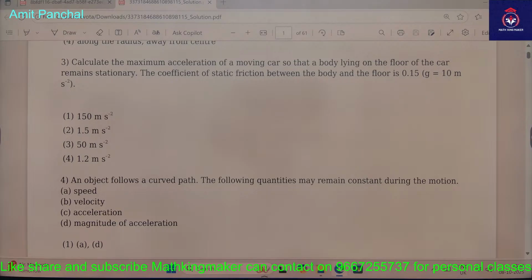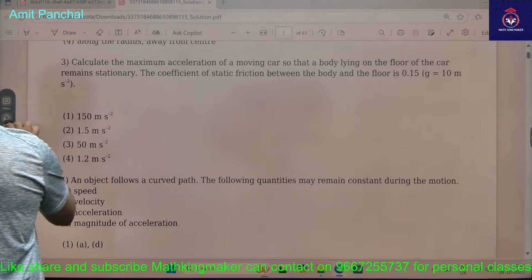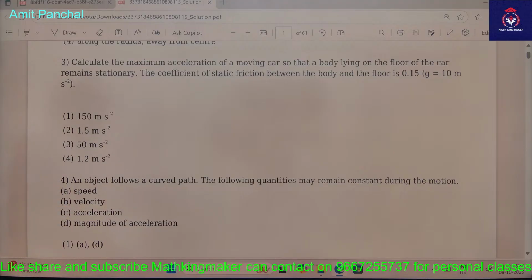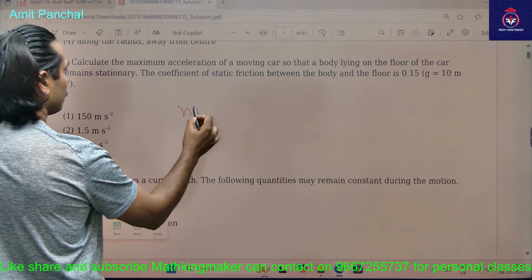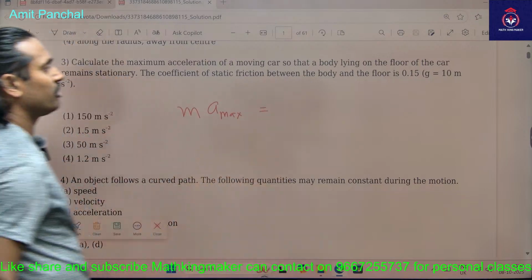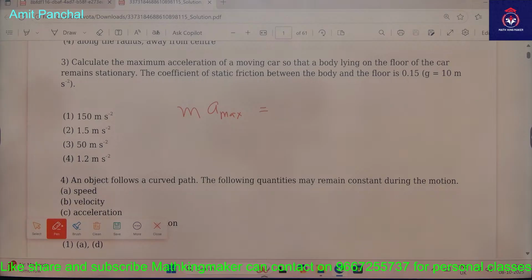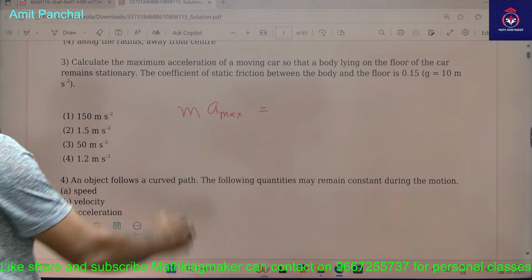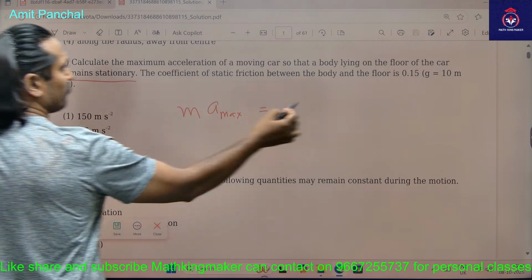So mass into acceleration, mass into A max in this scenario will be equal to the force of friction. Then only your body lying on the floor of the car remains stationary.